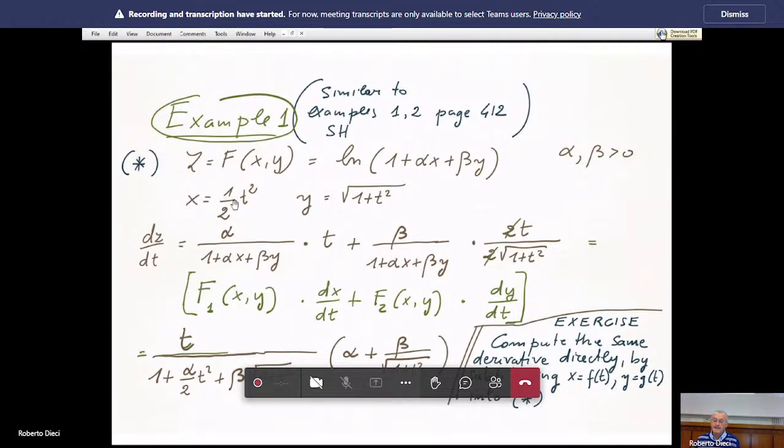Suppose that x itself increases over time this way. It's 1/2 t squared. Also, y increases over time, but in a different way. It's the square root of 1 plus t squared. So basically, this explodes quadratically. Remember that time is defined only for t greater or equal to 0.